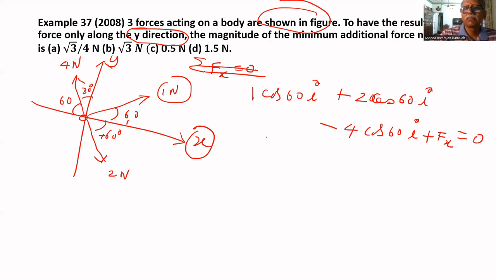So what will you get? Cos 60 equals what? Sorry, cos 60 means 1 by root 2, plus fx equal to.